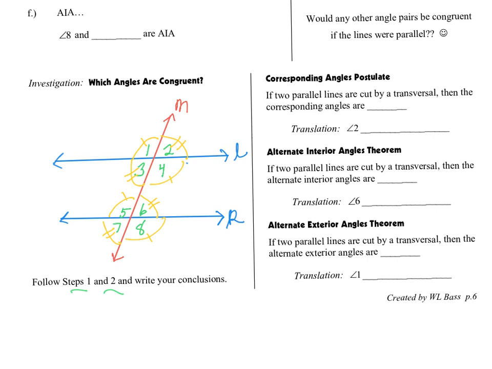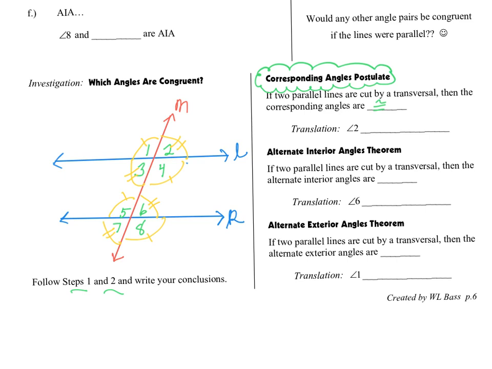And what we find then is the corresponding angles postulate, a postulate we believe to be true. It says if two parallel lines are cut by a transversal, then the corresponding angles are congruent.